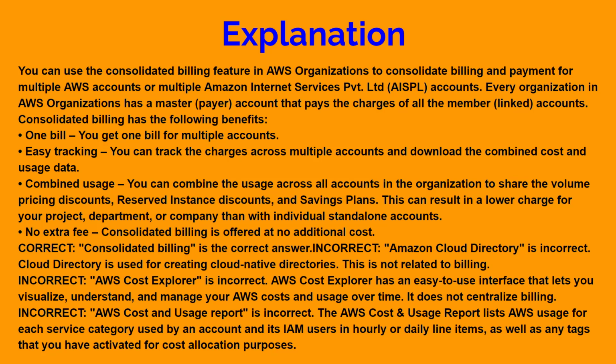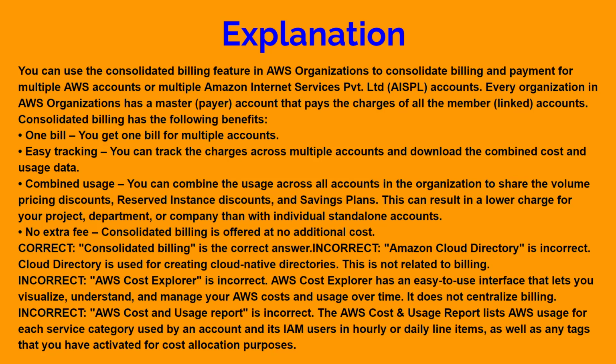This can result in a lower charge for your project, department, or company than with individual standalone accounts. No extra fee. Consolidated billing is offered at no additional cost. Correct. Consolidated billing is the correct answer.